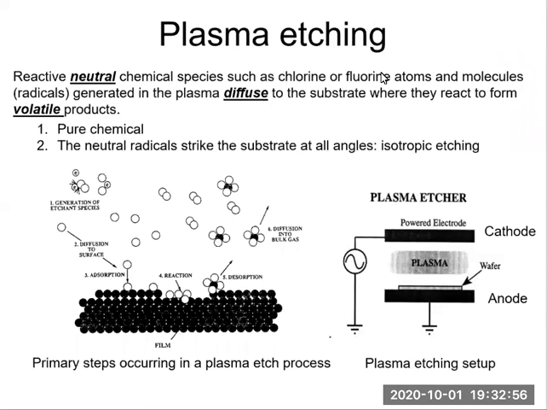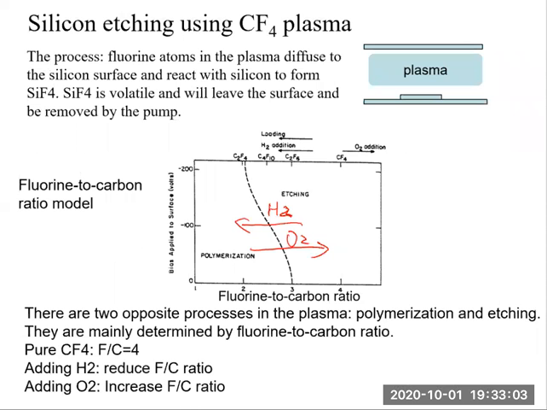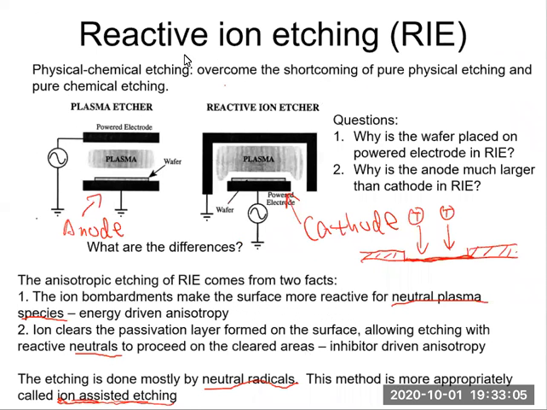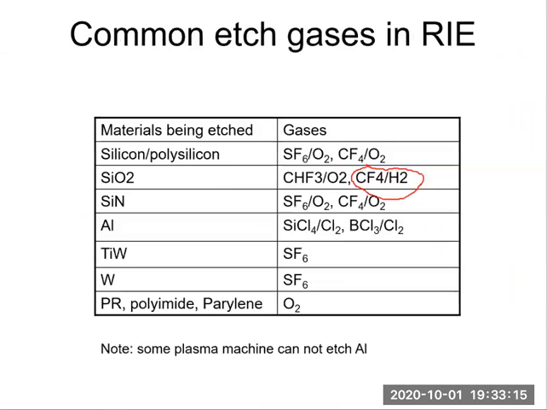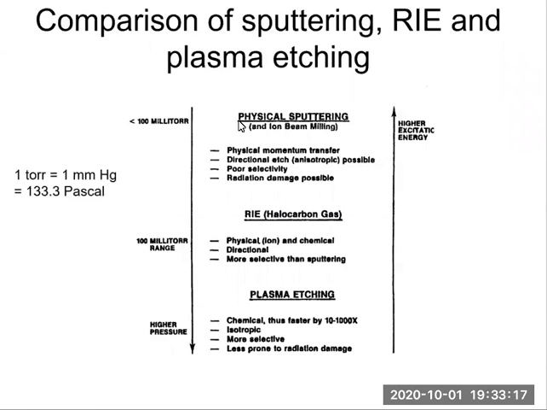And plasma etching is a pure chemical process. And RIE, reactive ion etching, is somewhere in between, a combination of physical and chemical etching. Now let's have a brief comparison of these three dry etching methods.